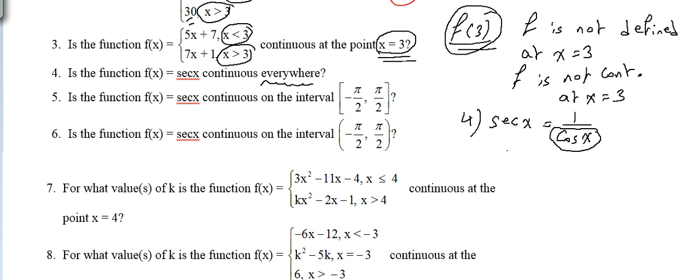Since we have a rational fraction, cosine x should not equal 0 because it is found in the denominator. This means cosine x should not equal 0. It's cosine of pi over 2.